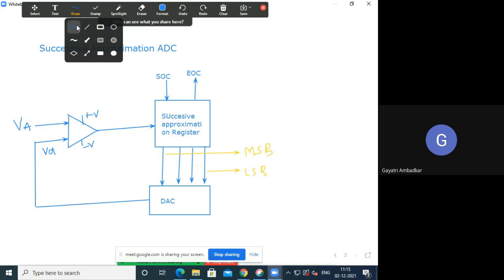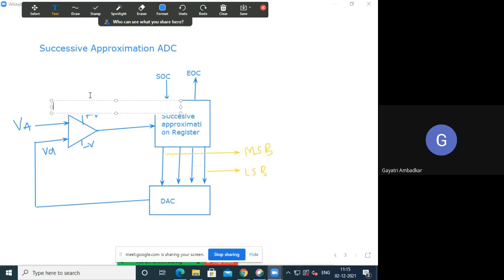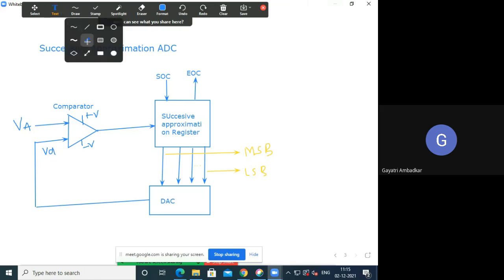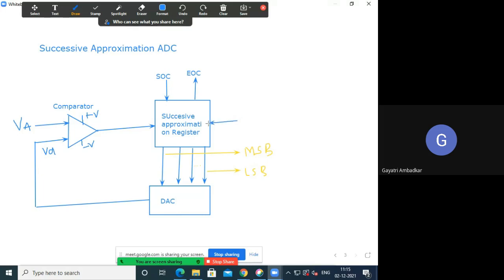But in the circuit diagrams of all op-amps, don't forget to give this. So this is a comparator block. And to this successive approximation register, a clock is also applied. So this is the block diagram for the successive approximation analog to digital converter.